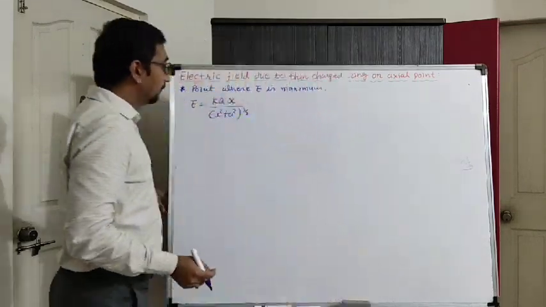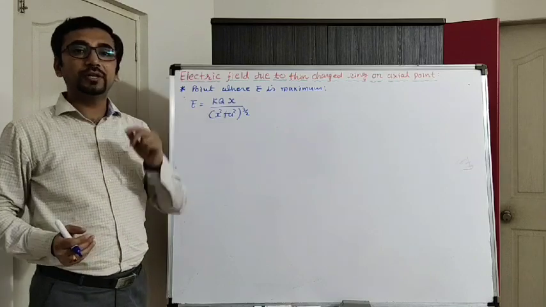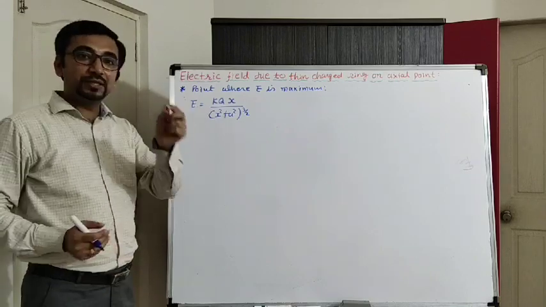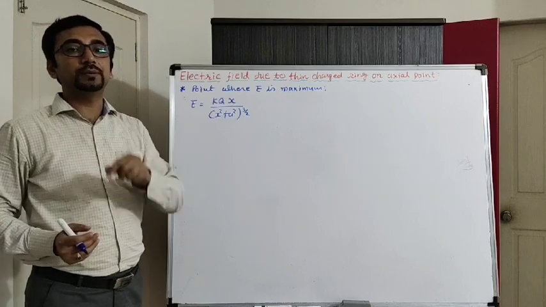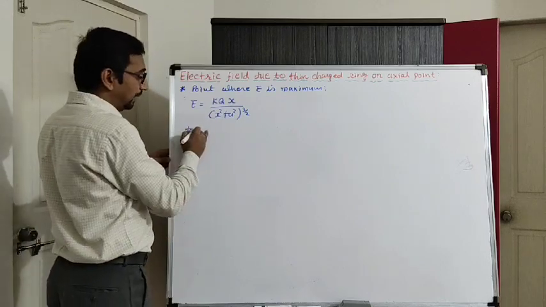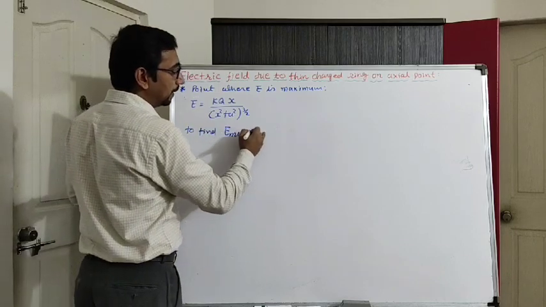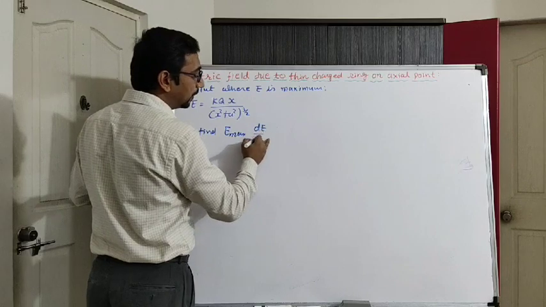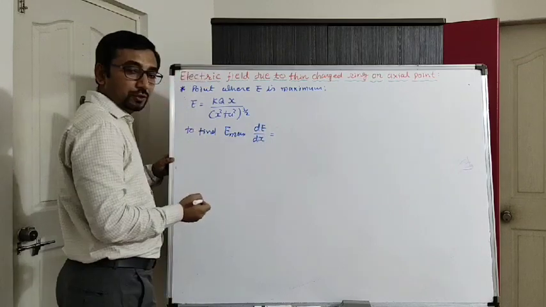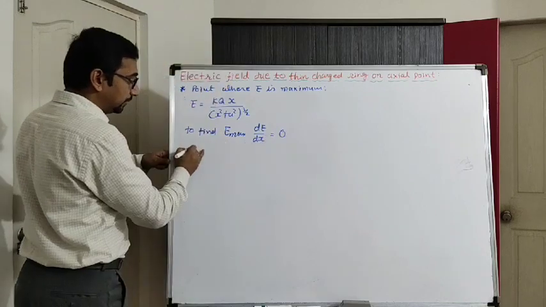Now whenever we want to find out maximum or minimum of any particular function, then its differentiation with respect to the variable must be 0. So here the variable is x. So to find E maximum, dE upon dx, differentiation of electric field with respect to position x, must be equal to 0.